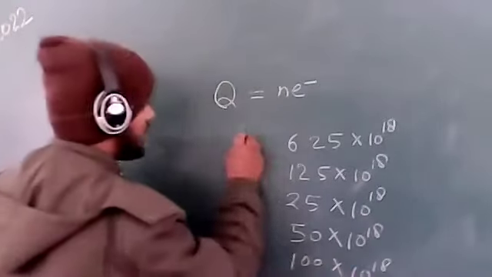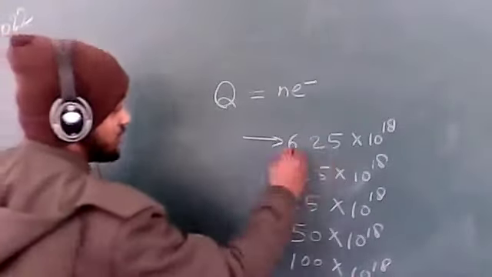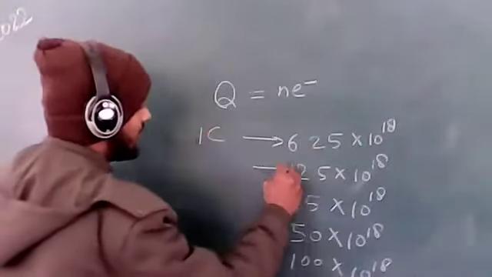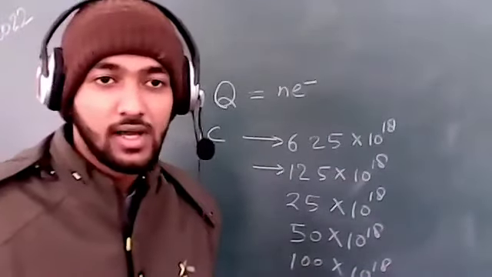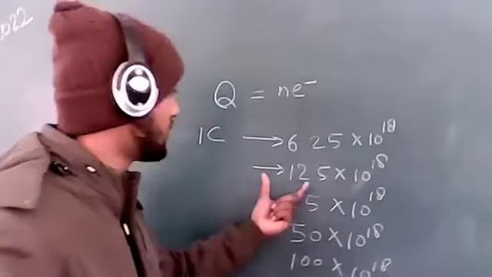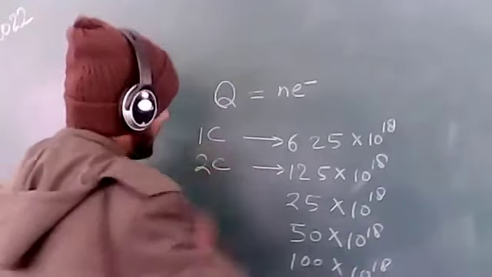Now you have to answer me. Ansh has answered that for this much electron, the charge is 1 Coulomb. Now who will answer for 12.5 into 10 raised to the power 18 electrons? Okay, Ankita Verma. How much charge? Sir, two coulombs. 2 Coulomb. Okay, good. You can mute yourself now.